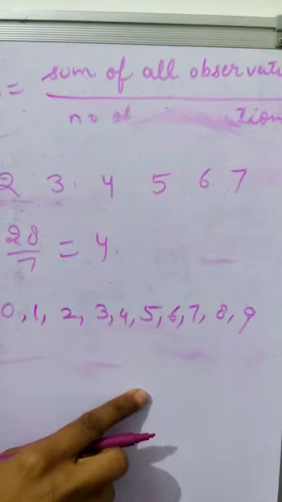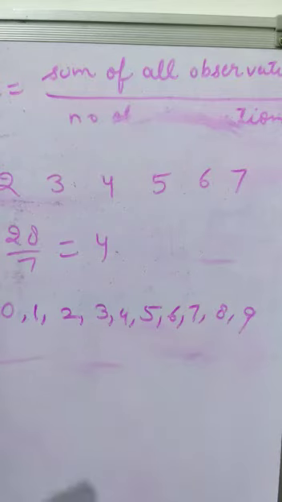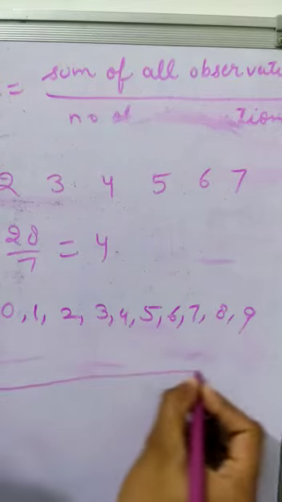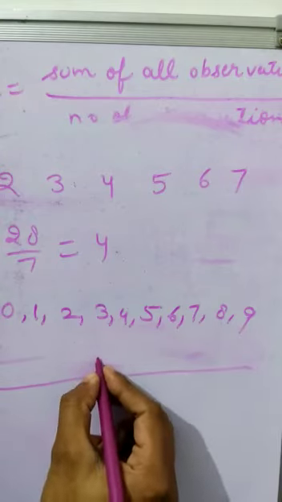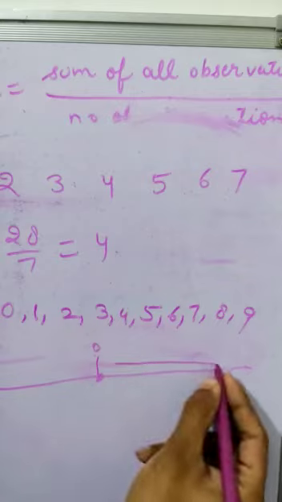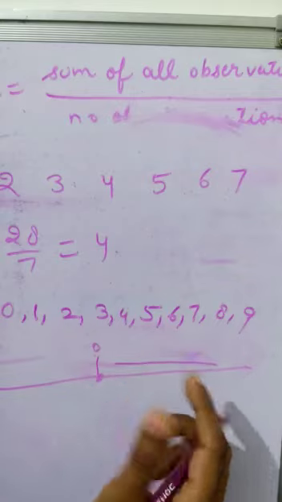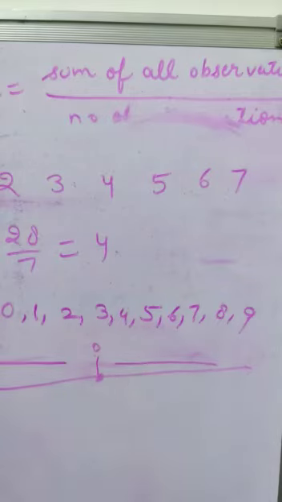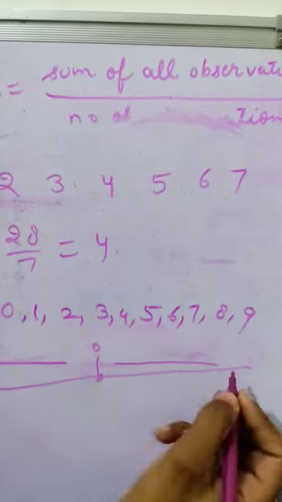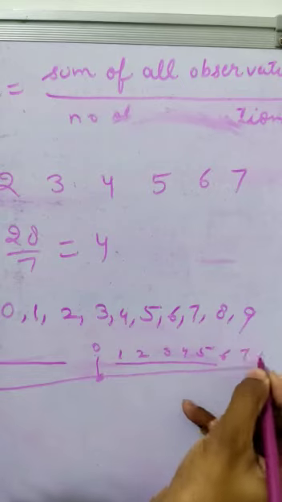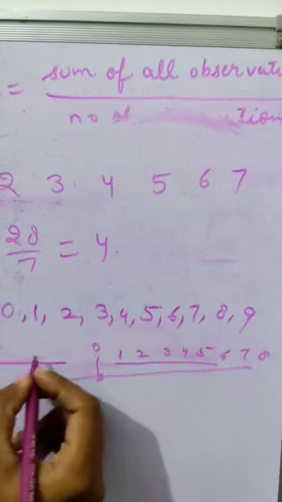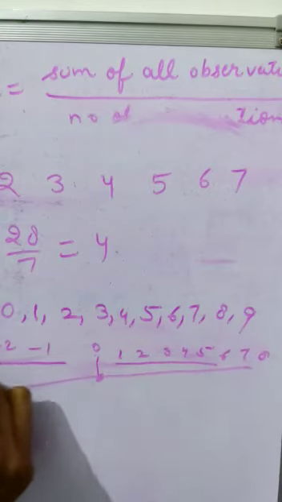Now the first 10 consecutive positive integers. Consider the number line. This point stands for 0, and from here all numbers are positive integers, and on the other side all numbers are negative integers. Positive integers are 1, 2, 3, 4, 5, 6, 7, 8 in this way, and negative are -1, -2, -3, -4.